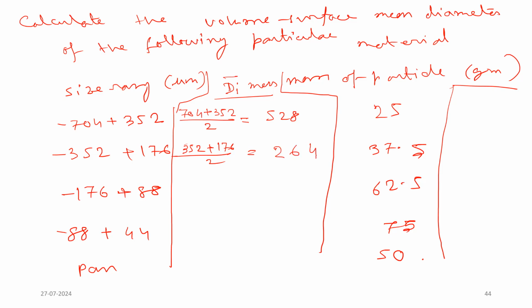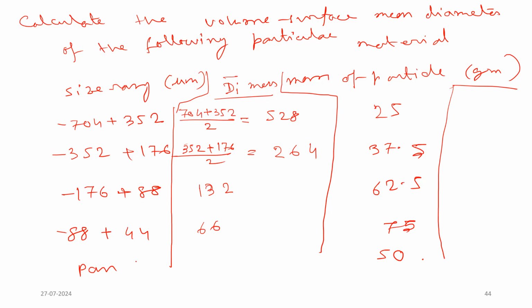Then 176 plus 88 divided by 2, it is 132. Similarly, I am not writing it explicitly again and again. Then 88 plus 44 divided by 2, this is 66.